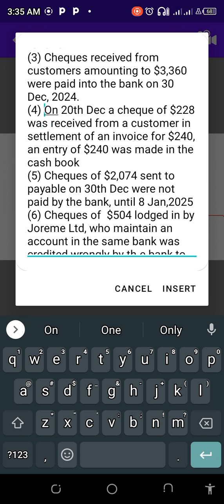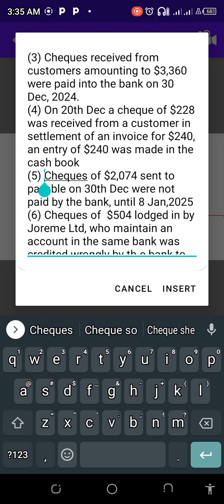On the 20th December, a check of $228 was received from a customer in settlement of an invoice for $240. An entry of $240 was made in the cash book.